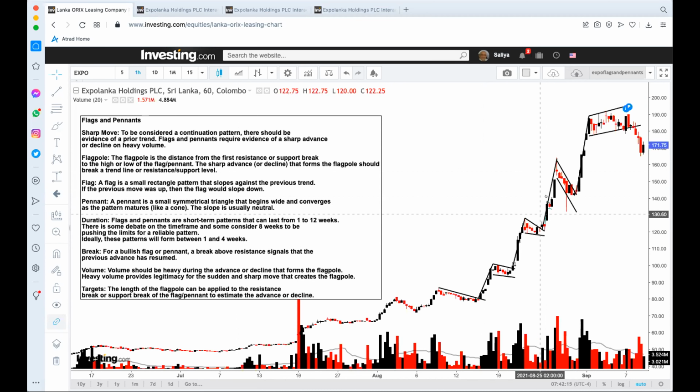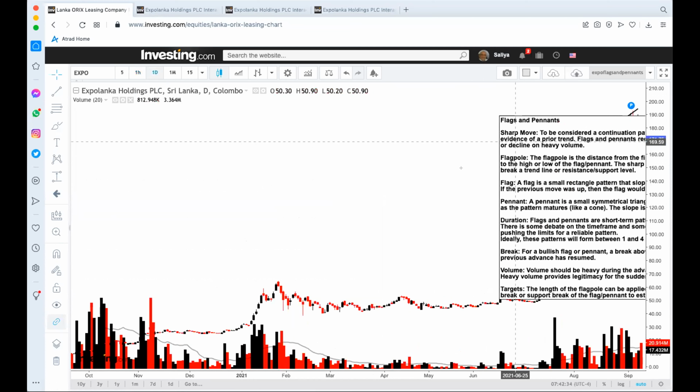For the pennant and the flag to be complete, you need the pole. This is the pole, and the pole is that aggressive move, also known, as I mentioned earlier, as the impulsive move, right? It may not be clear, but I'll just show you the day chart and you might see what I'm talking about.